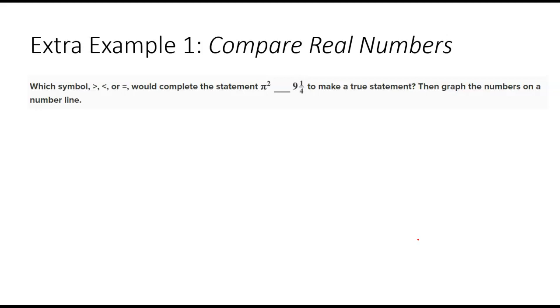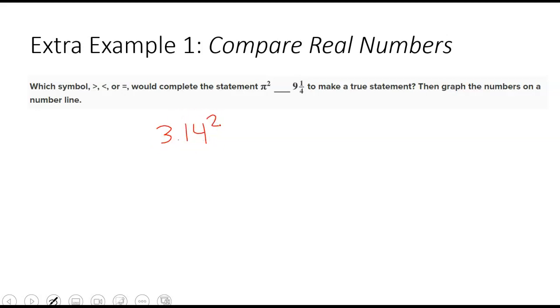So here's another example if we want to compare these. Okay, I got interrupted, but let me finish here. So the first thing we have to do is take each of these numbers and write them as a decimal. So pi squared, I'm going to use 3.14 as an approximation for pi.